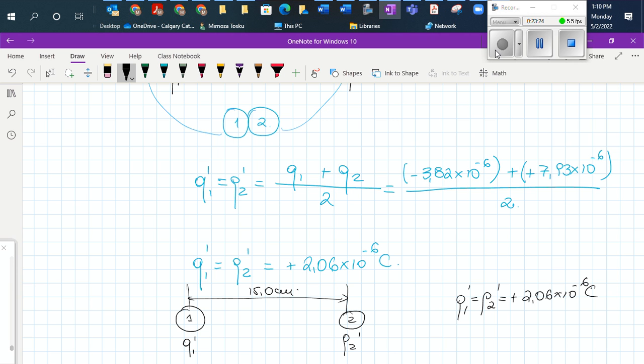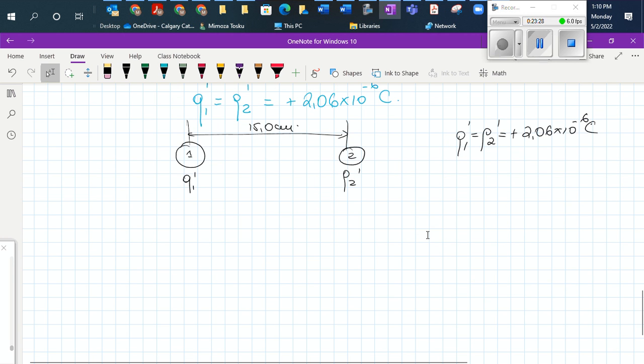If we are calculating, let's say, the electrostatic force that charge 2 is experiencing, then we will place ourselves at charge 2 and ask what is the nature of the force that charge 2 is experiencing as a result of the presence of charge 1. Being the same charges, it is a repulsion.